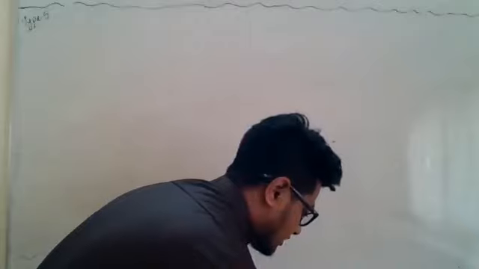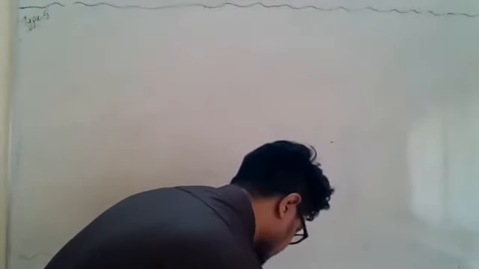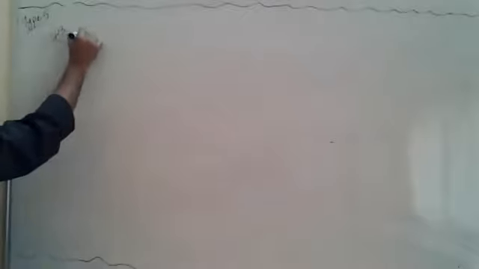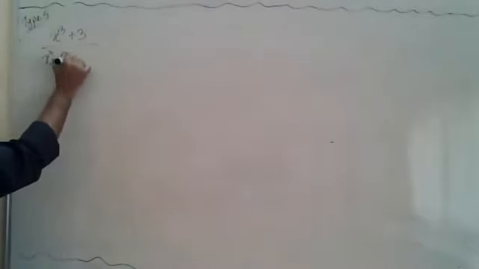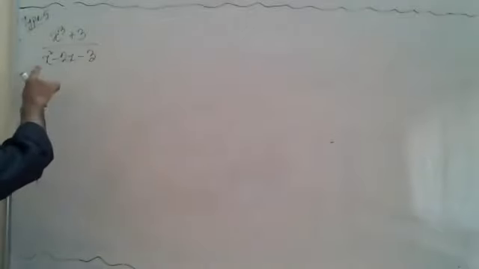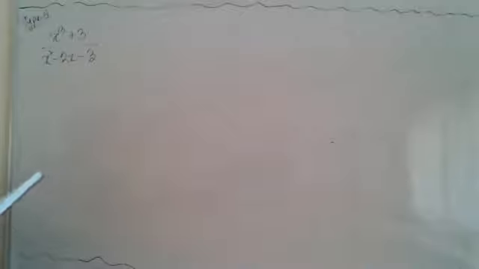Let me write the fraction that we are going to solve now. The fraction is x cube plus 3 divided by x square minus 2x minus 3. As you can see, the power of x in the denominator is smaller than the power of x in the numerator, so clearly this is an improper fraction.